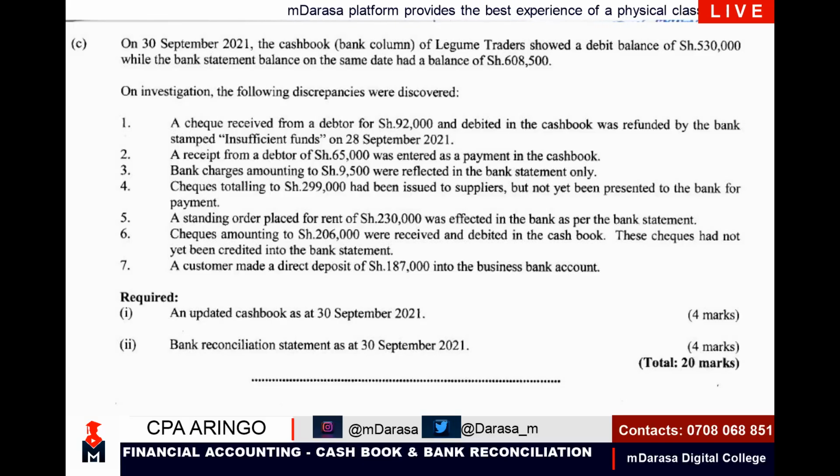Then note 2, a receipt from a debtor of 65,000 was entered as payment in the cash book. It was a receipt, but it was entered as a payment. So we have to record it where it was supposed to be recorded.